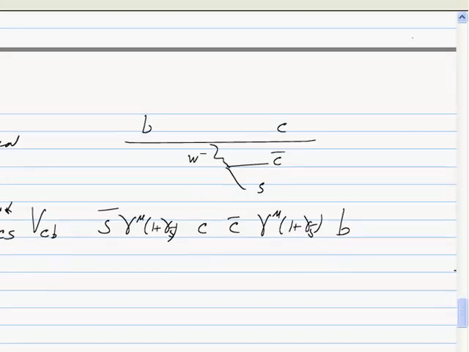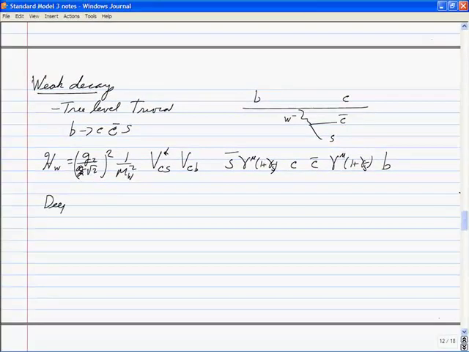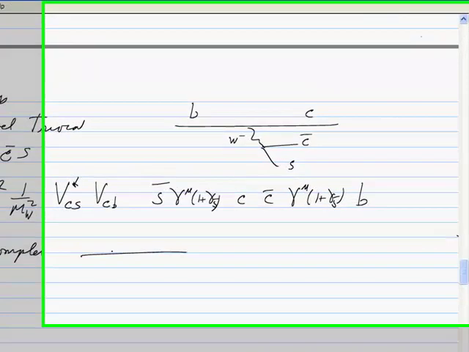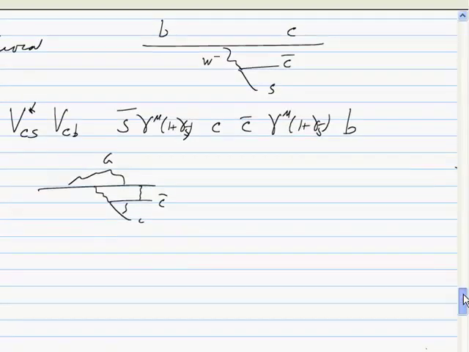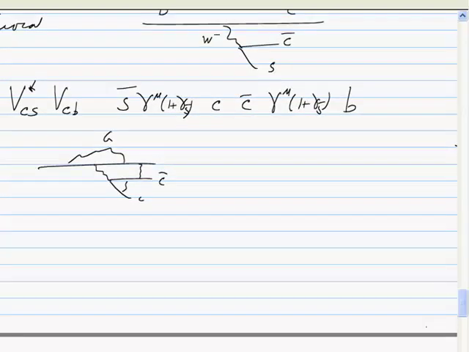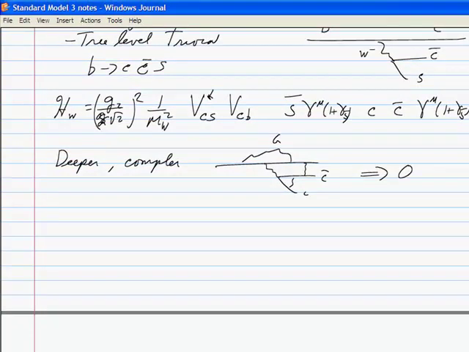The deeper level is very complex, because you can have all sorts of diagrams that look like gluons here, C bar C, gluons going across there, gluons going across there, etc. So this is where we go to the operator product expansion to calculate all of those effects.